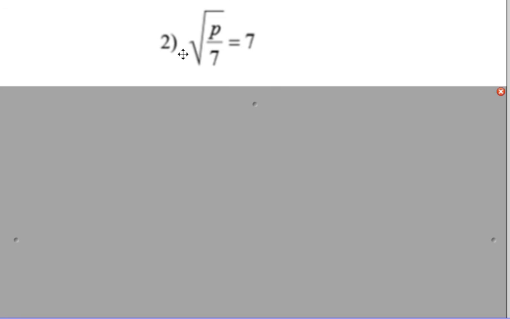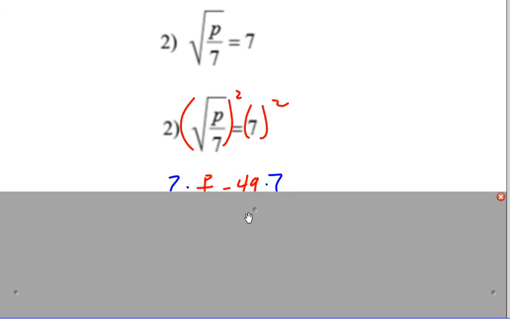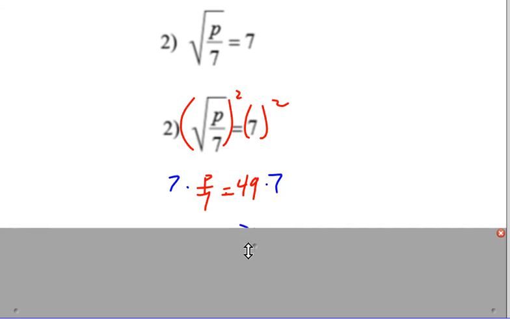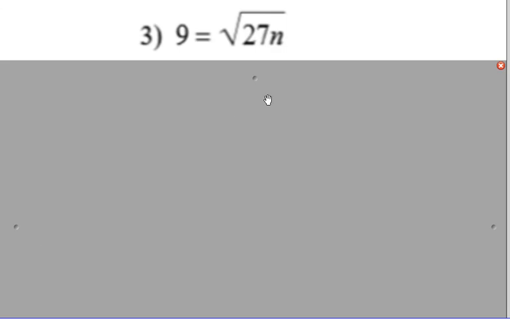Again, this radical is isolated, so we can go ahead and square both sides. Again, this is isolated, so we're going to square both sides.